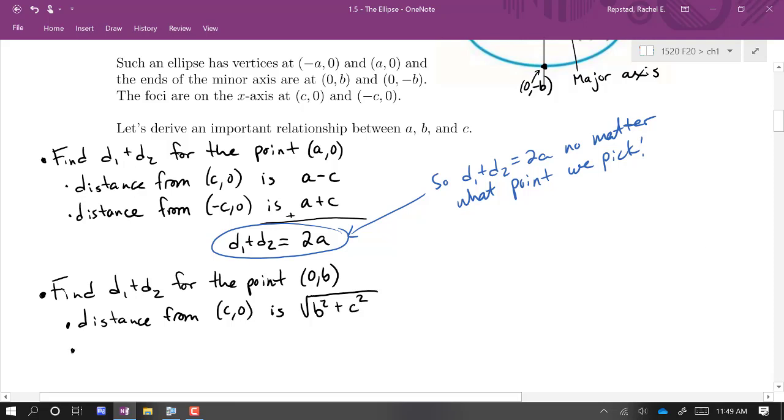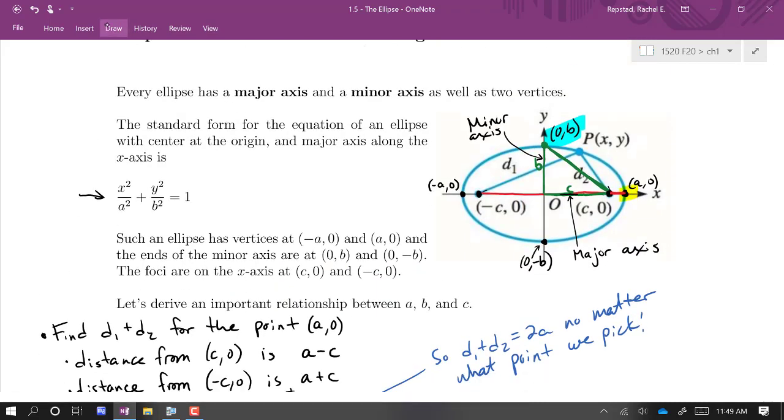And the distance to the other focus, going back up here, we've really already done the work because the ellipse is symmetric. So that distance is going to be the same as the one we just found.